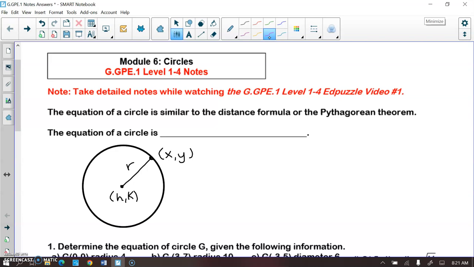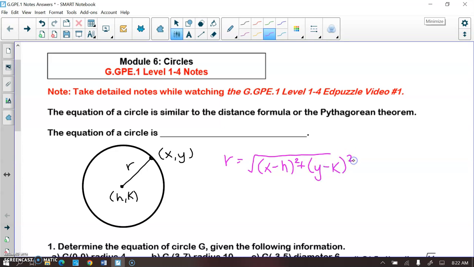The distance formula is the distance, or the length, which again is r, is equal to the square root of one of your x values minus your other x values squared, plus one of your y values minus your other y values squared.